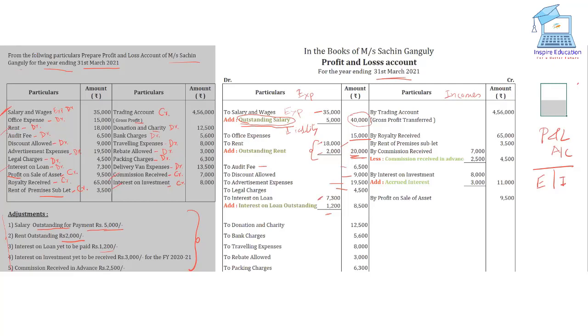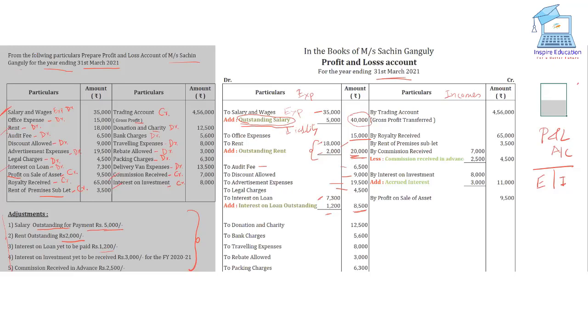I have not paid 1,200. But in my financial statement, the income statement, or the profit and loss account, I have to show that this is the expense, isn't it? So this is the total amount of interest on loan: one amount which is paid and one which is not paid.